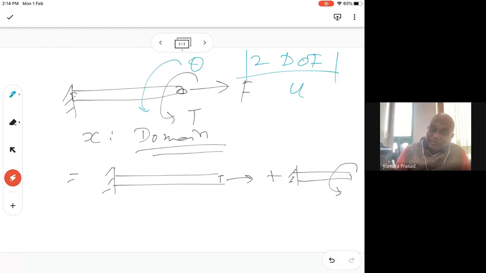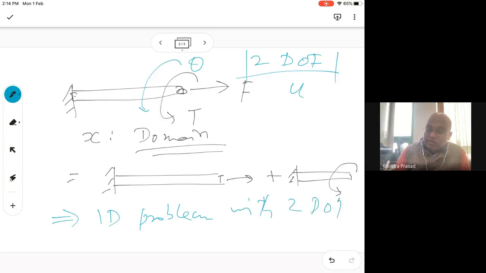Got it? So this is a 1D problem only, but with 2 degrees of freedom per node. Let's write it: this tells you a 1D problem with 2 degrees of freedom per node.